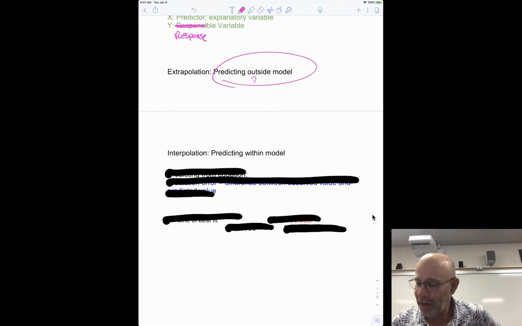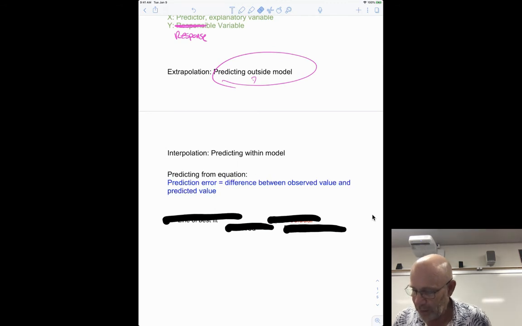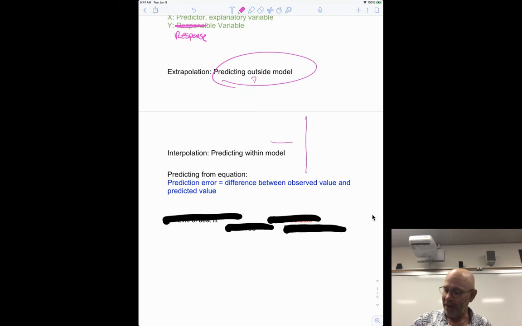So a couple definitions before we do the actual line of best fit: prediction error. So if you predict from an equation, okay, typically, if you have a point, think about this. If I have this line and there's some data points here, okay, this is the actual data point right there.